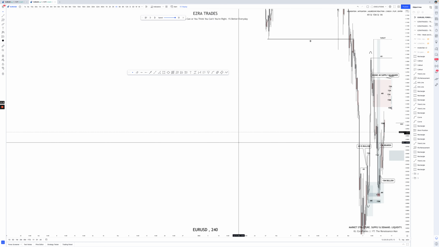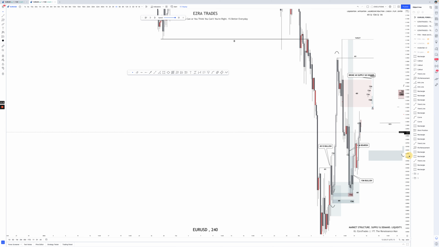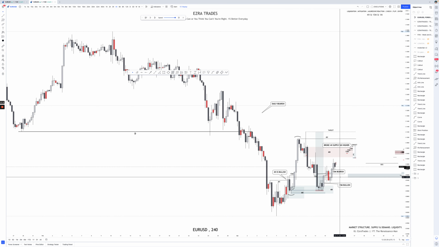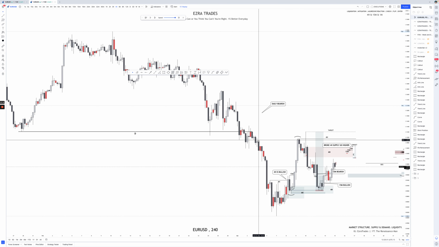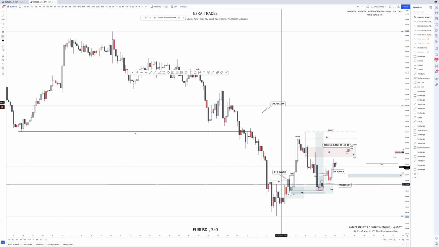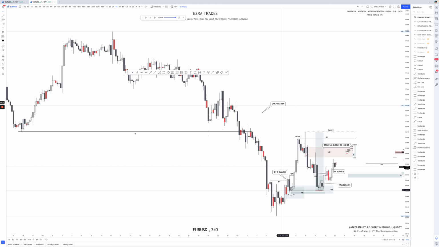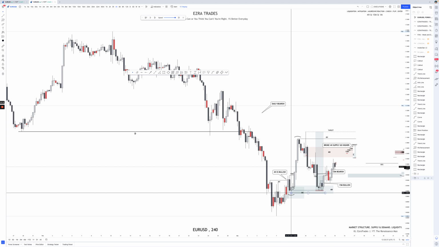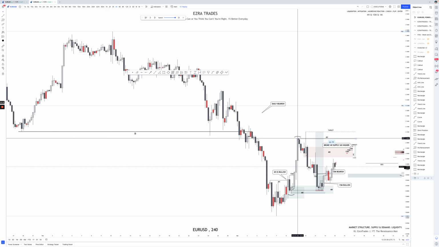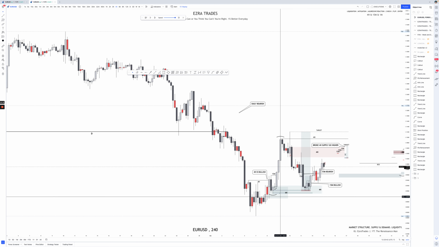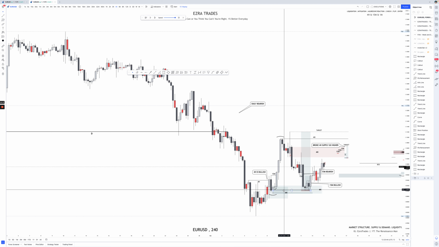Considering that this is a 4-hour POI, right? The daily is bearish, right? But the 4-hour has just changed character bullish. We've created a massive swing to the upside, and we've taken a buy at the extreme 4-hour POI, refined it down to a decisional 15-minute.